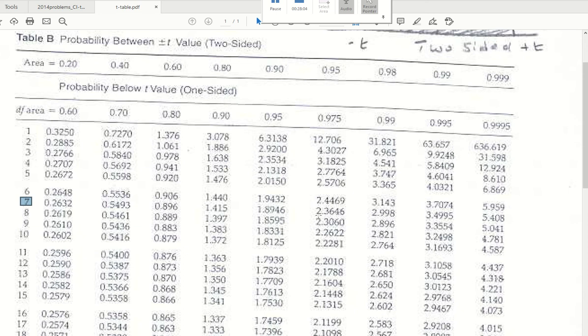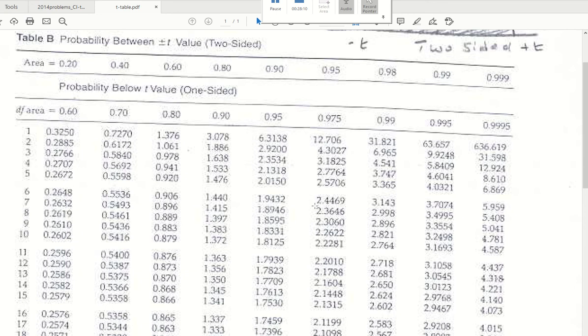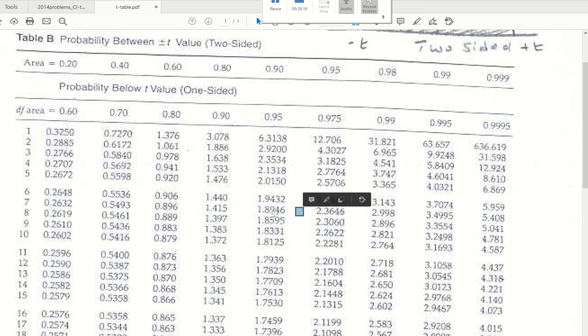I'm looking for 2.32. There's 2.36. I'm not going to use it. I'm just going to say this is a bit too big. So I'm going to say that my t is somewhere between 1.8946 and 2.36, meaning that the areas where my t is in between are 0.95 and 0.975.